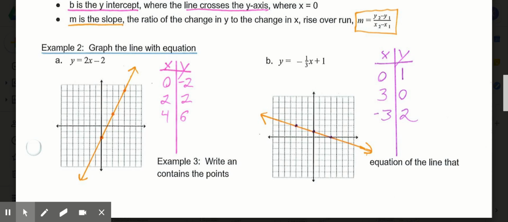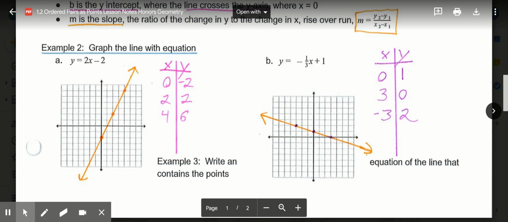Now, the other way that we can do our graphing here is simply by looking at the equation. If we know our y-intercept is at -2, we can start with that to graph. So we would start at our y-intercept at -2.